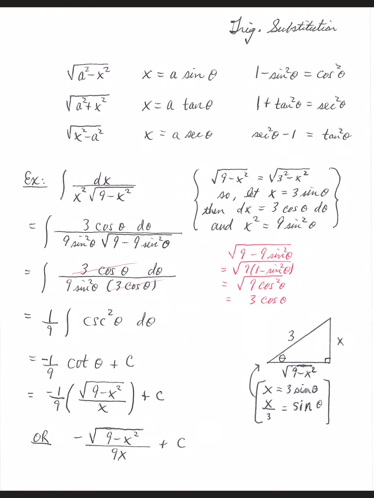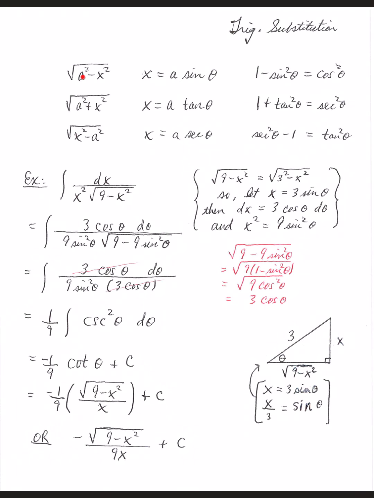We have the integral of dx over x squared times the square root of 9 minus x squared. This radical has the format of a number minus a variable that fits the top description. And so since it's x squared and 9, we can write that as the square root of 3 squared minus x squared.